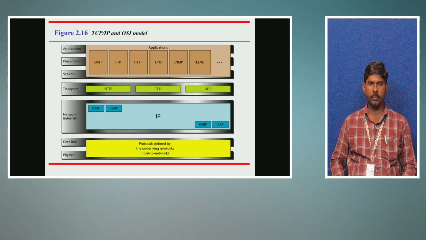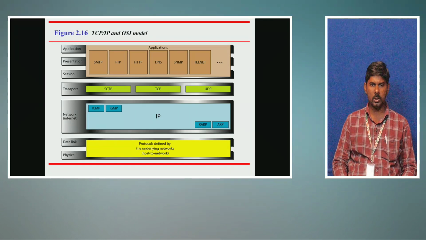This diagram will show you the protocols used in every layer of the TCP/IP model. As I told you, in TCP/IP the data link layer and physical layer combinedly form one layer, the link layer, with protocols defined by the underlying networks, the host to network layer.